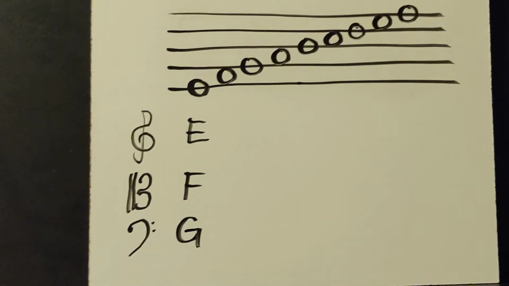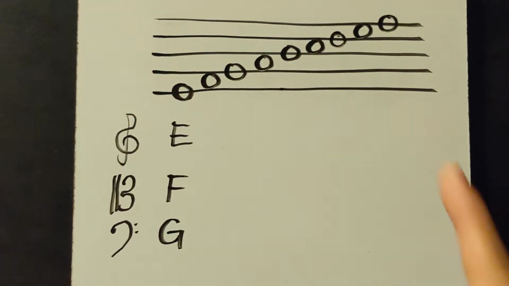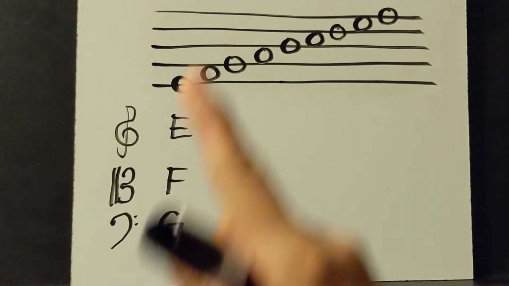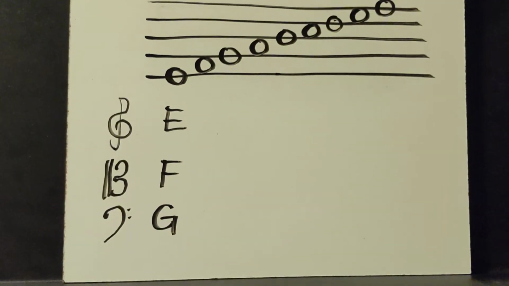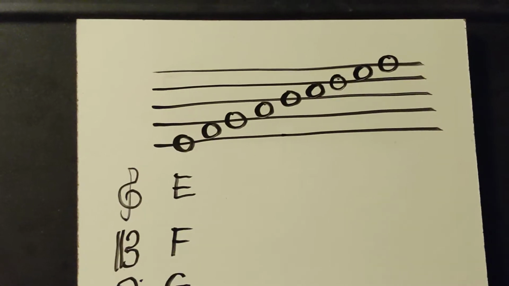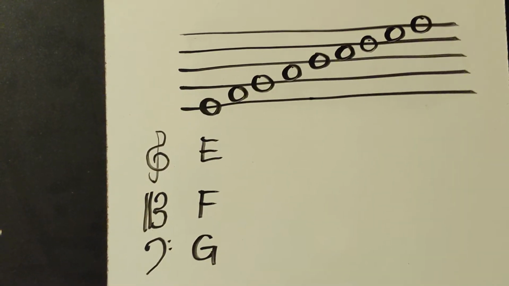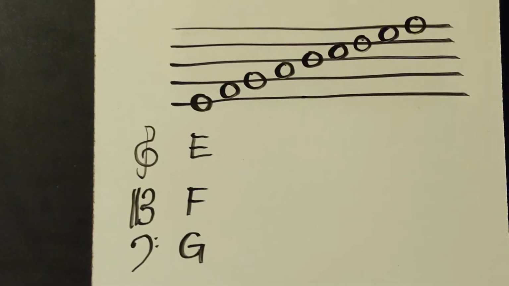Now, if you think about this, and we're thinking about the musical alphabet, remember that circle for the musical alphabet? It goes forwards and backwards in the circle. Well, you can go forwards and backwards with the staff lines and spaces as well.